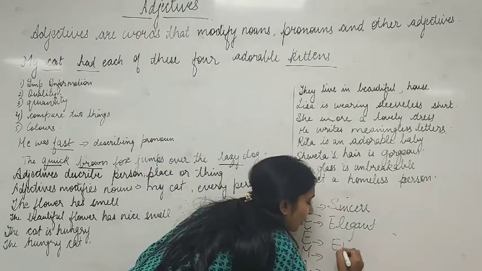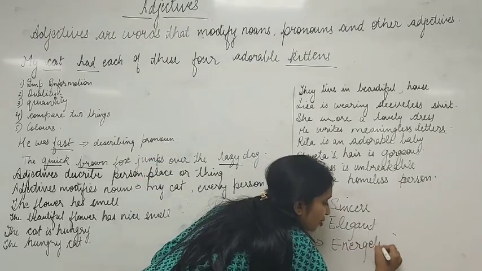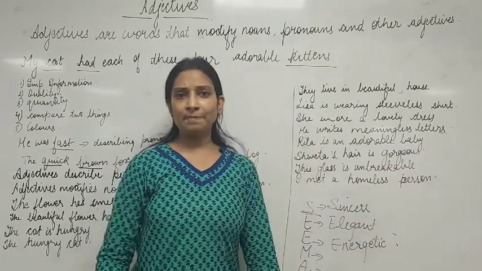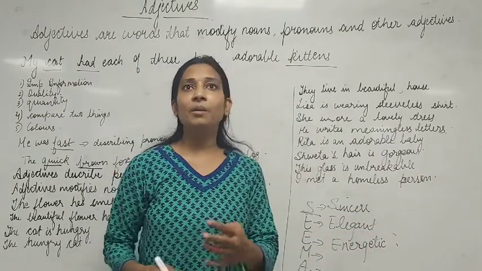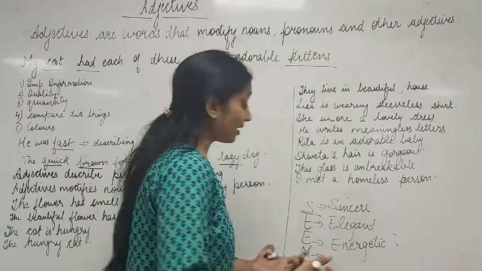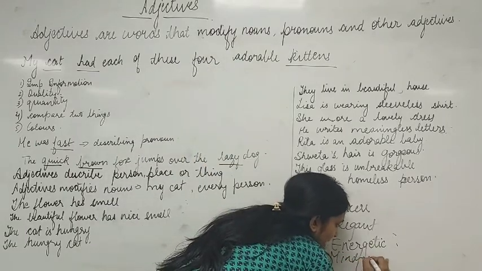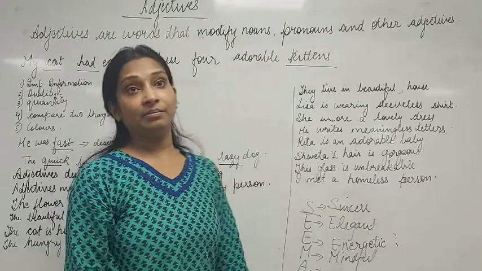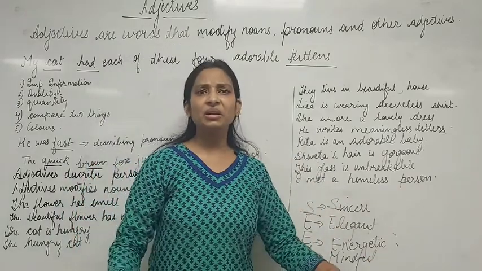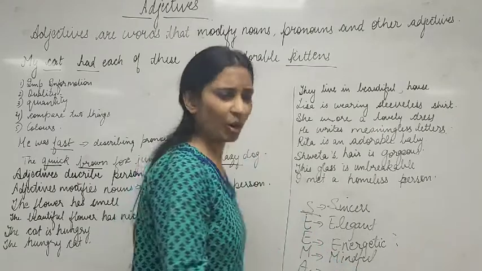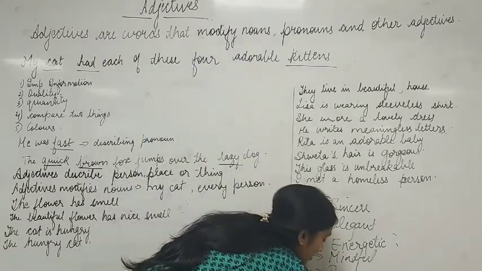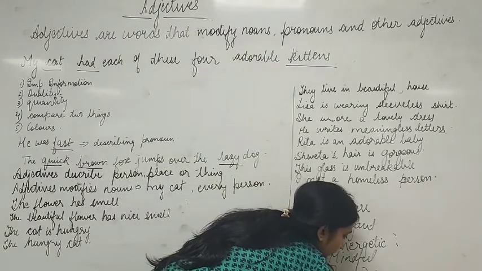I am writing energetic. M. M can be mindful. I have many words from M, but I am writing mindful. A. A can be adorable, amazing, whatever you wish to describe yourself as. So here I am writing amazing.